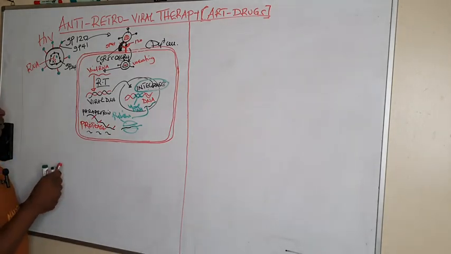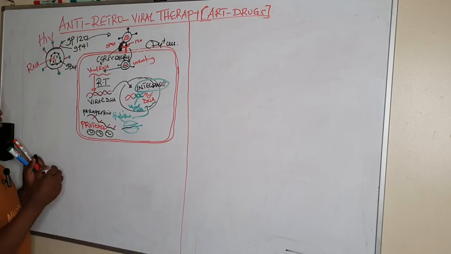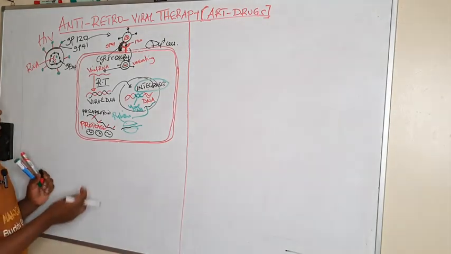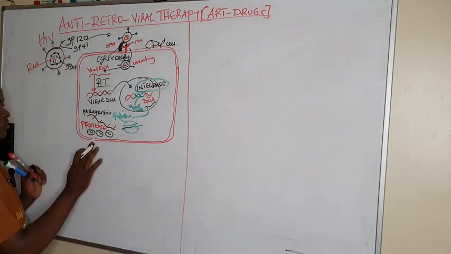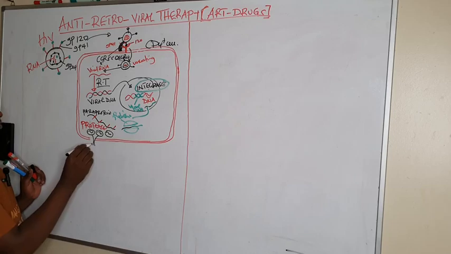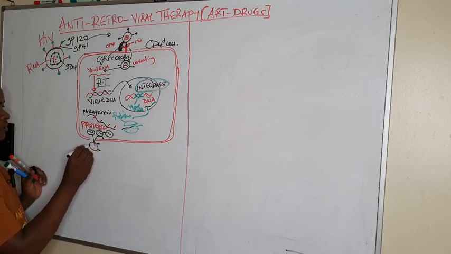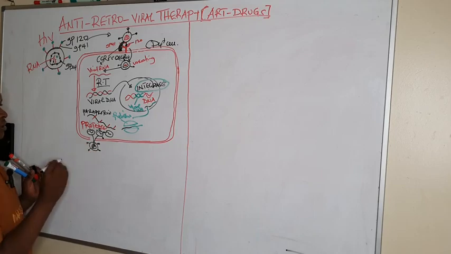So they are assembled to form new virions. And after forming new virions, they are released from the cell by exocytosis or by budding. So the viruses are able to be released, having their spikes with the genome inside.